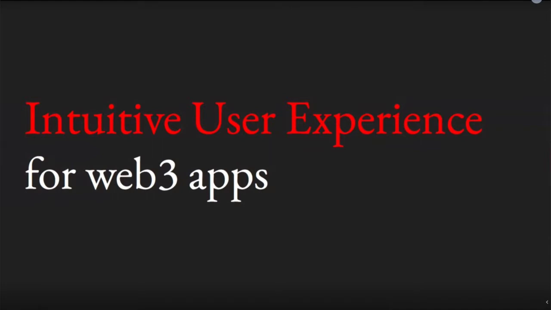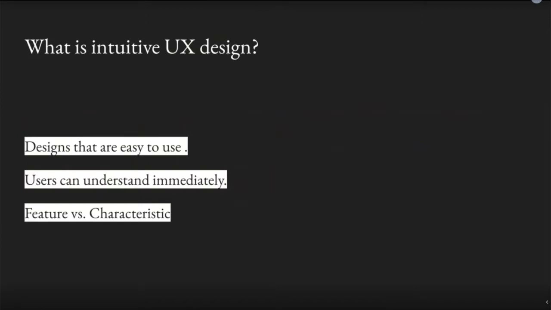There are so many factors we could think about, but the one I will present today is, I think, one of the most used and most important. First, let's quickly talk about what intuitive UX design is. There is no one agreed definition, but a lot of people would refer to intuitive UX design as designs that are so easy to use that when you open the app you just know where to go and what to do.